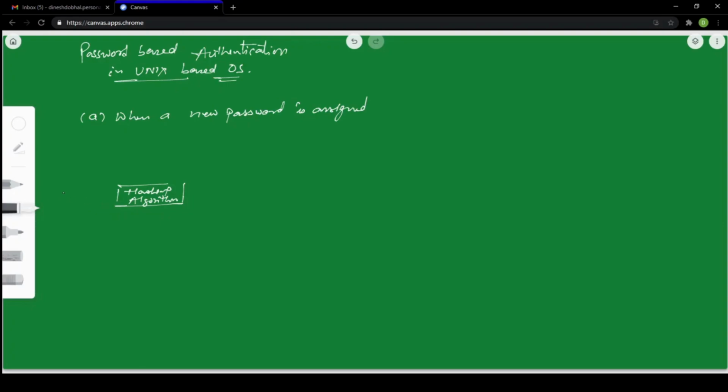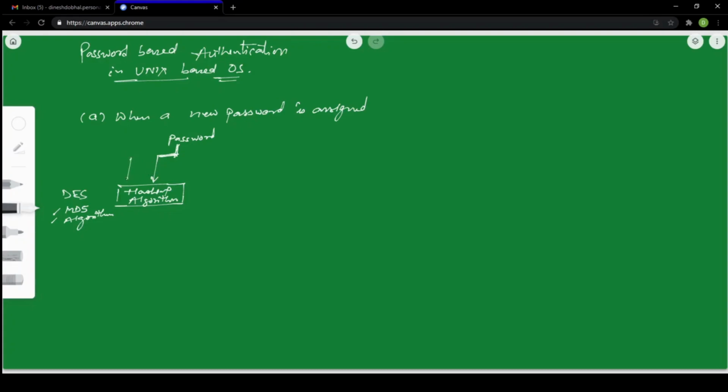This hashing algorithm could use DES or MD5 algorithm. Most of the Unix operating systems are now using MD5 algorithm. To this hashing algorithm, a user password is assigned. This password is either set by or selected by the user, or it could be system defined.